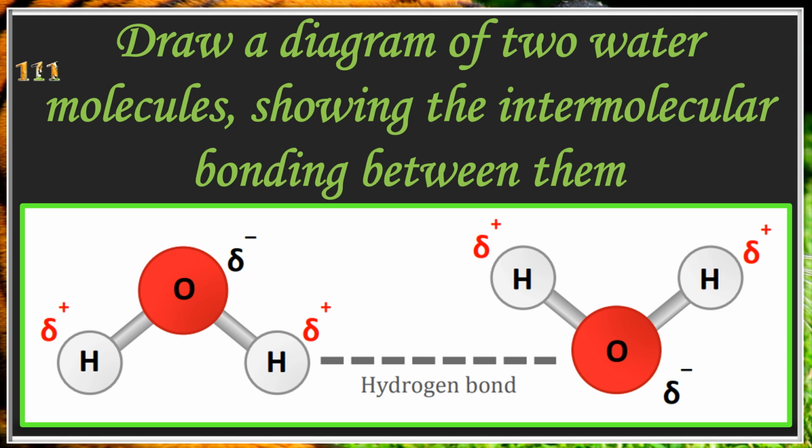There is a hydrogen bond created between one of the hydrogen atoms and the oxygen atom. There is that partial attraction which creates the hydrogen bond, and that hydrogen bond is the one that we call the intermolecular bond between the two molecules.